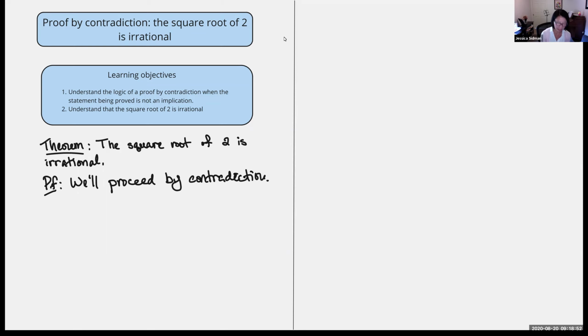So what that means is that I have to assume that the statement is not true. Okay, so i.e. we'll suppose for contradiction that the square root of 2 is rational.